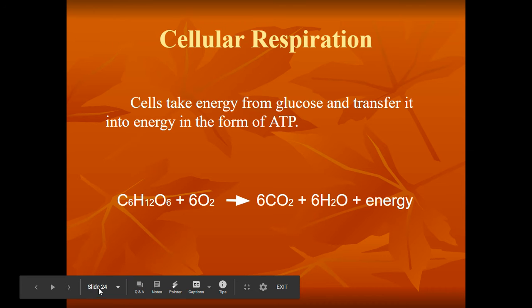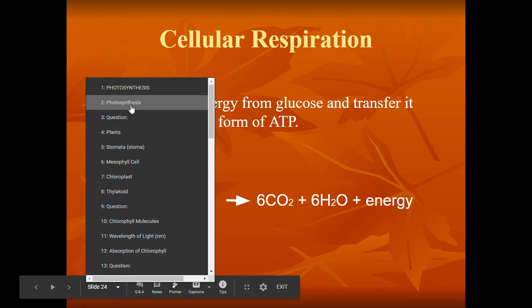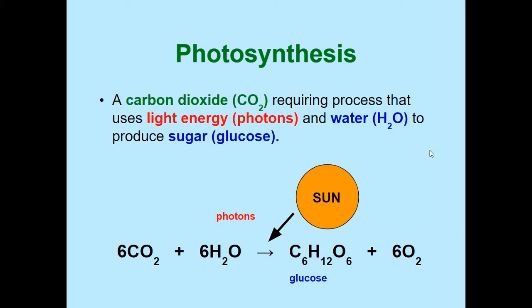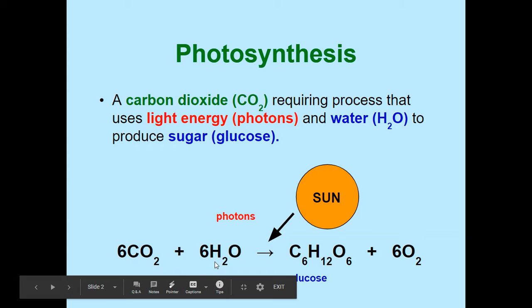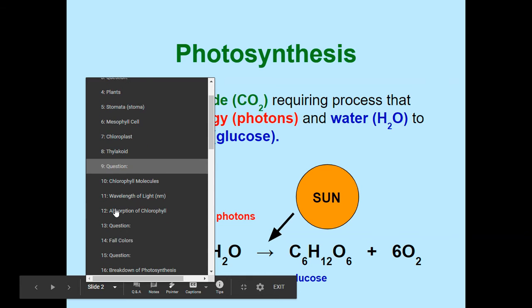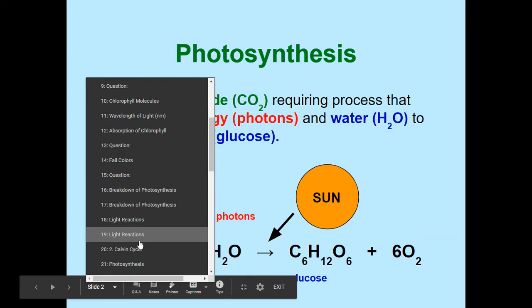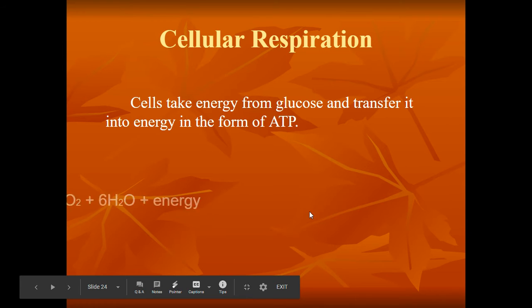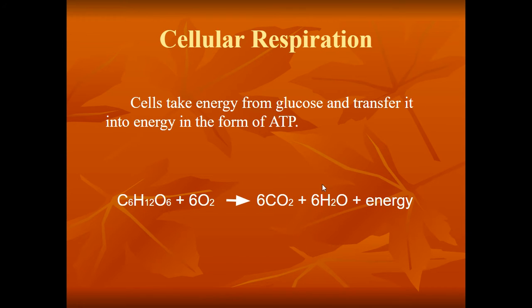If we step back and go to our very first slide about photosynthesis, you'll notice the equation for photosynthesis is the flipped version of the cellular respiration equation. In other words, cellular respiration is the opposite reaction of photosynthesis.